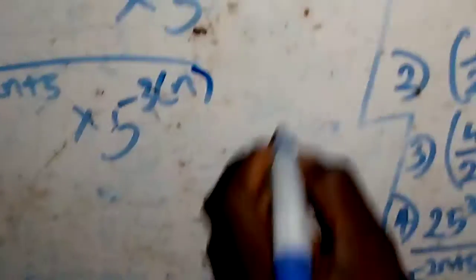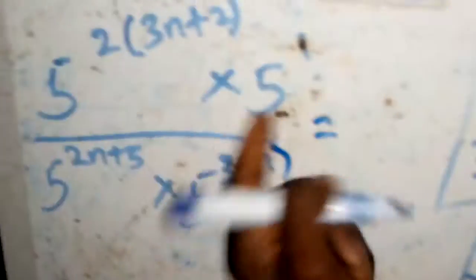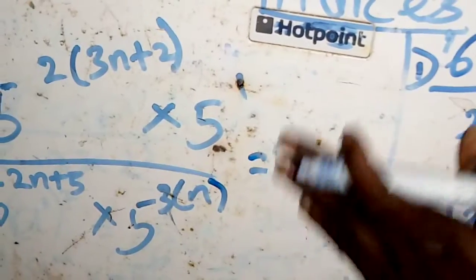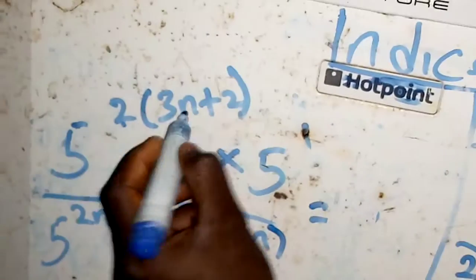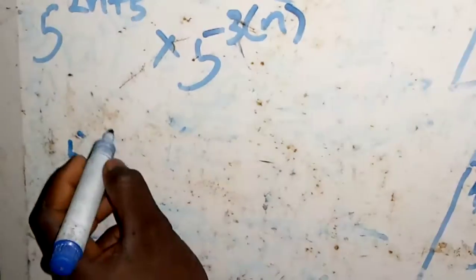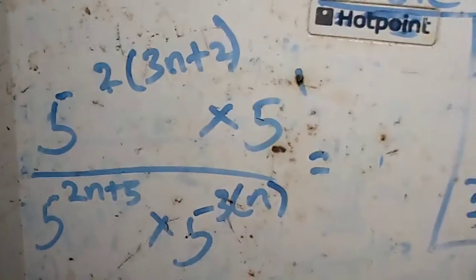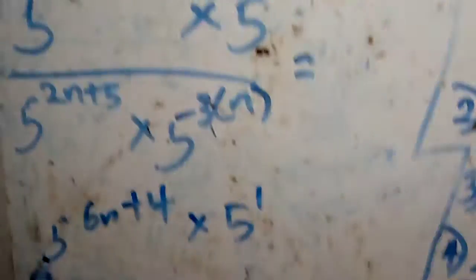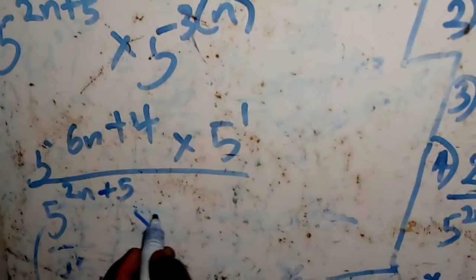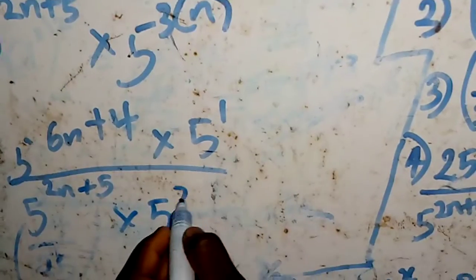So looking at this question now, you pick 5 right from our first rule, and 2 times 3, that's 5 raised to power 6n plus 4, times 5 raised to power 1, divided by 5 raised to power 2n plus 5 times 5 raised to power 3 times n, that's 3n.